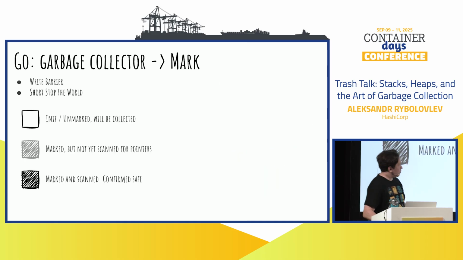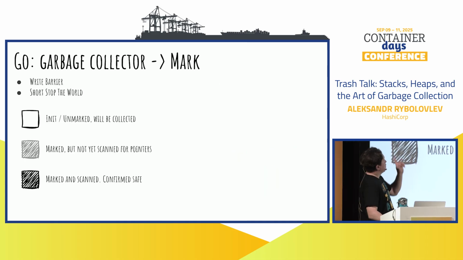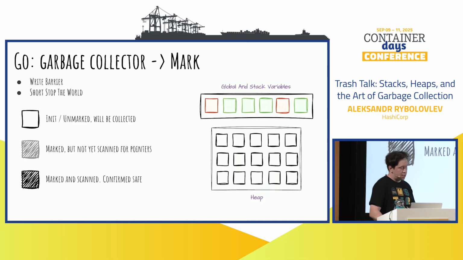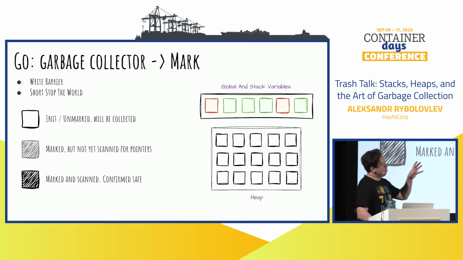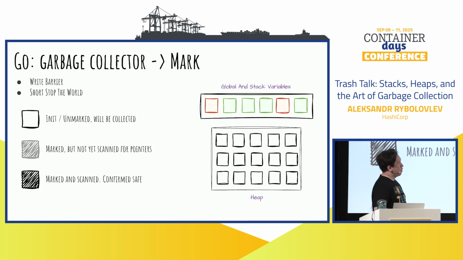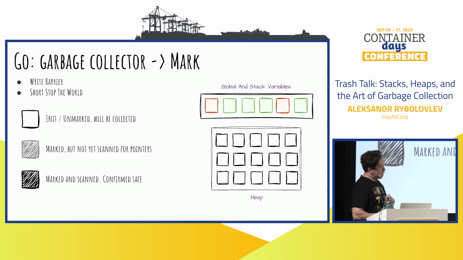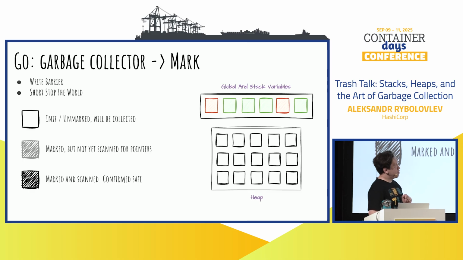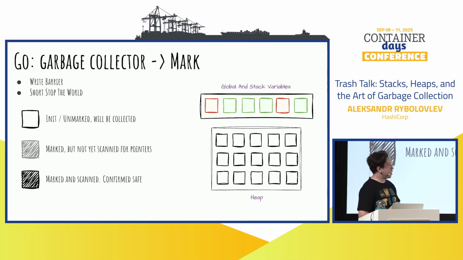So the way it works, again, the mark phase goes first. This is how your memory will look if you take a look at it through the eyes of the garbage collector. You have a heap, and all the objects there have a white color, that's the initial color for all the objects in the heap. Then the garbage collector will scan all the global and stack variables to see whether or not they're pointing to the heap.